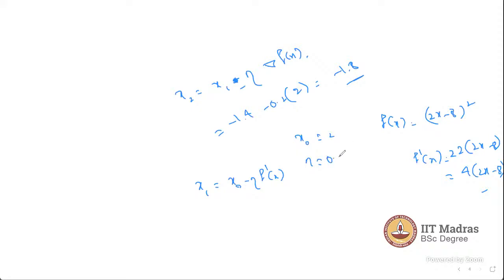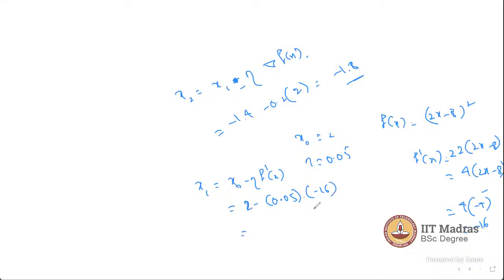So by substituting x naught as 2, we get 4 into (2 into 2 minus 8), which is 4 into minus 4, which is minus 16, right? So x1 will be 2 minus 0.05 into minus 16.